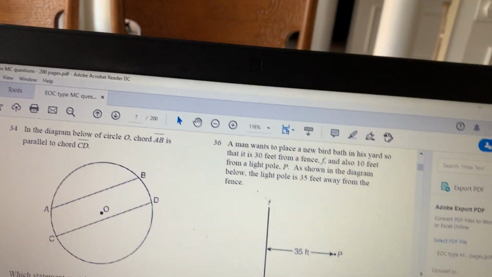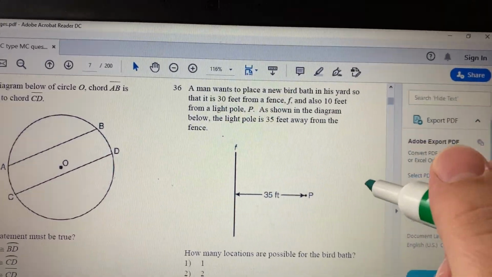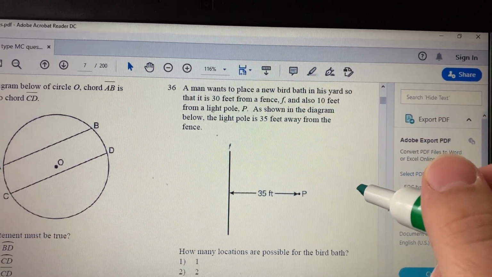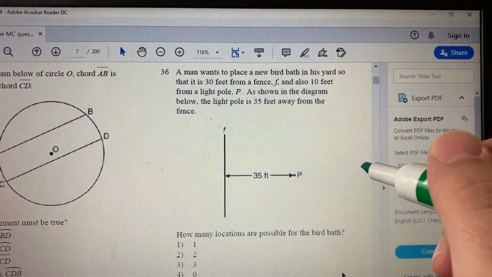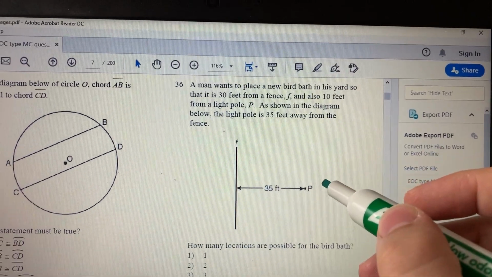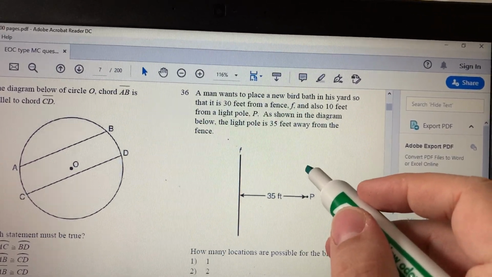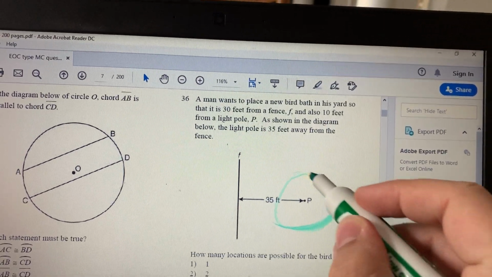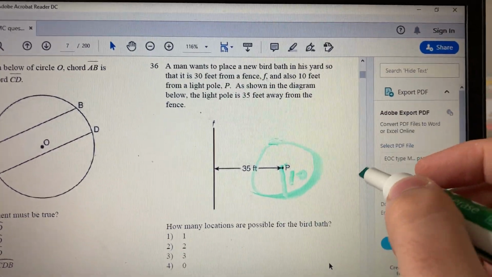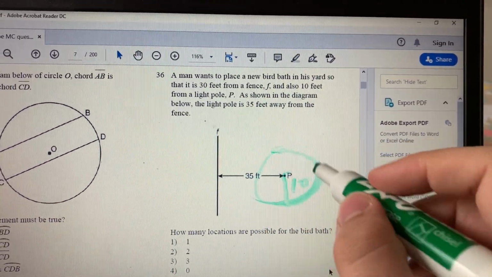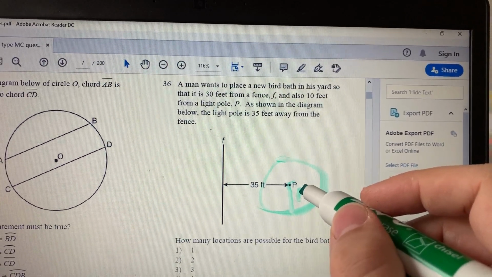So again, it's kind of common sense. You almost got to draw two circles, though that isn't even necessarily the right word, okay? But you almost would have to draw a circle around the light pole that has a radius of 10, okay? So every point on this circle is 10 feet away from the light pole, okay?